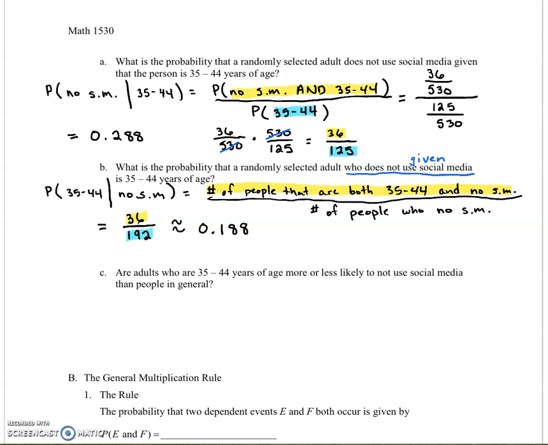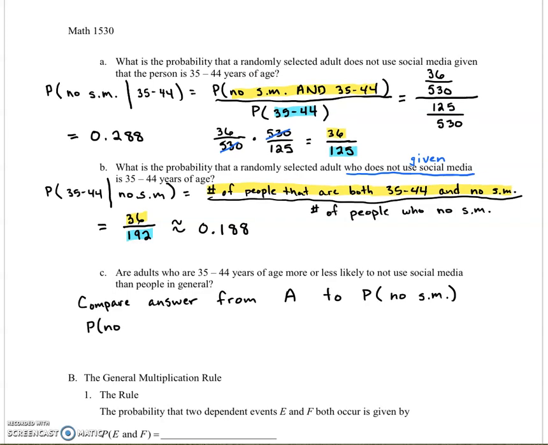So we need to compare the answer from A to the probability that people in general, so no age categories, do not use social media.